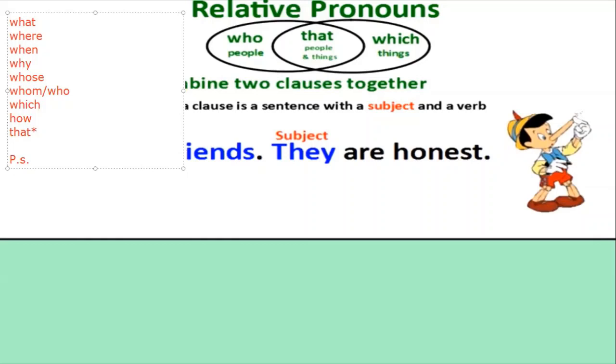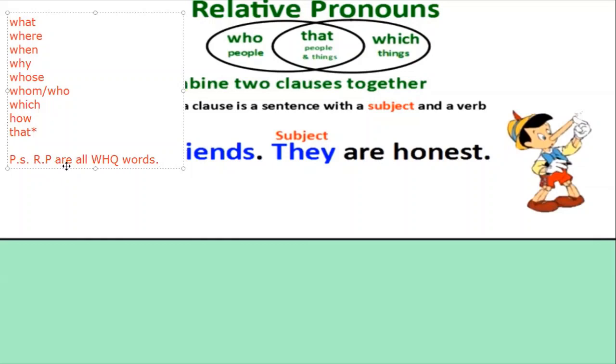What are relative pronouns? Relative pronouns, so let's write it down. I'm going to call them RP, relative pronouns, are WH question words, right? So those are the relative pronouns.